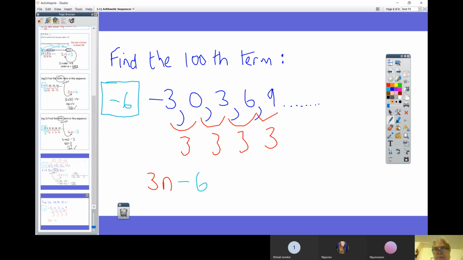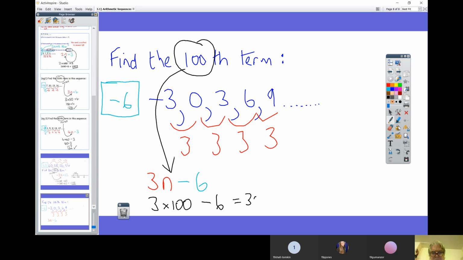Poppy. Lovely, well done, Poppy. So, because we're trying to work out the 100th term, that is when n equals 100. So we substitute 100 in there. So just like Poppy said, we do 3 times 100, work that out, and then take away 6.